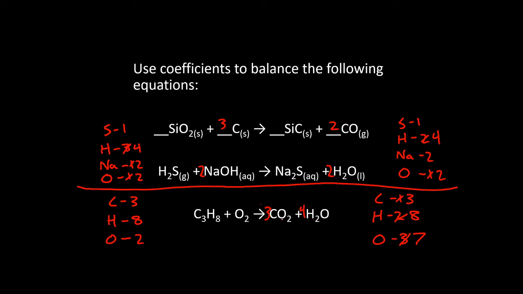So now I have 10 oxygens: 6 from here, 4 from here. That gives me 10. And now I can balance those oxygens, because now I have a multiple of 2 in the number of oxygens on the right side, and I can get that with a 5 in front of the O2.